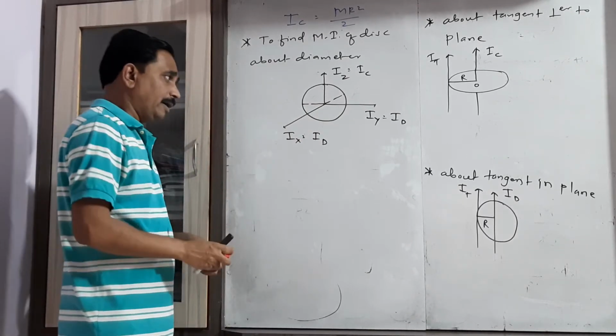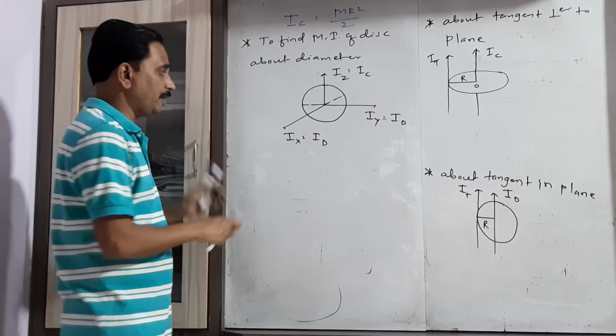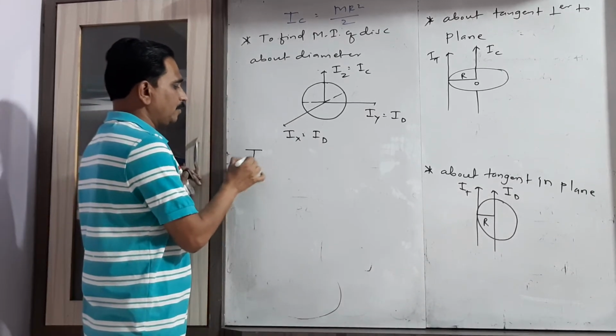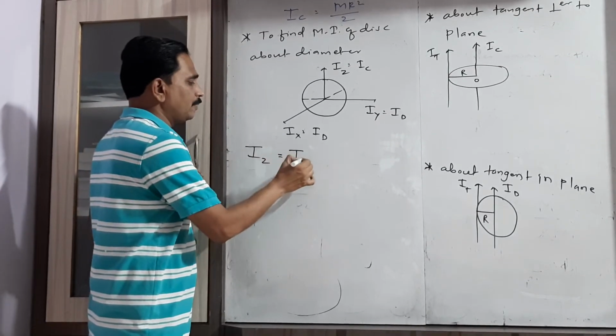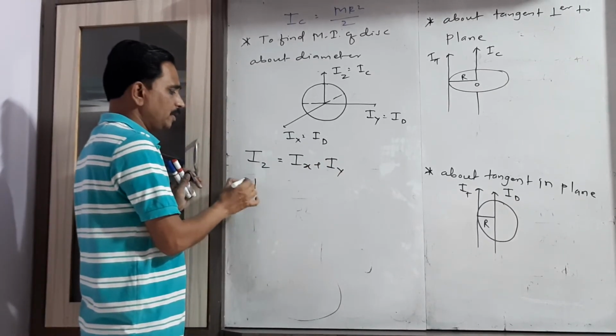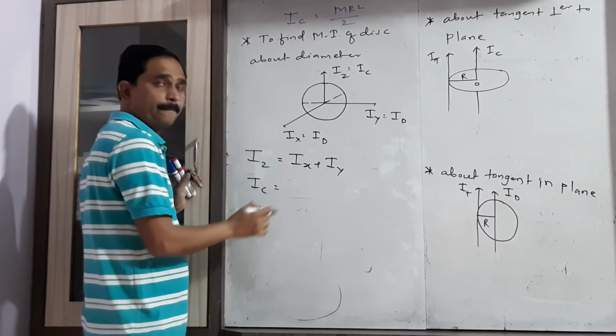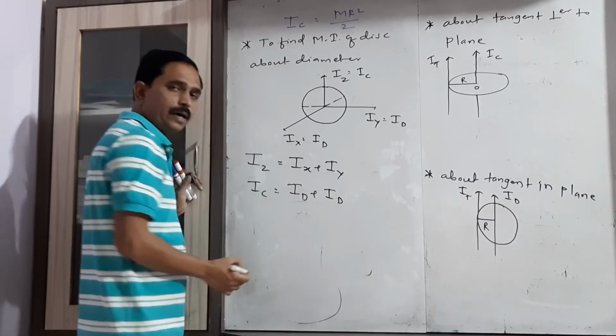Now, as I mentioned earlier, when we have to consider 3 axes, we have to use which theorem? The perpendicular axis theorem. What is the mathematical form of the perpendicular axis theorem? That is Iz equal to Ix plus Iy. Just put the values: Iz equal to Ic, Ix equal to Id, Iy equal to Id.